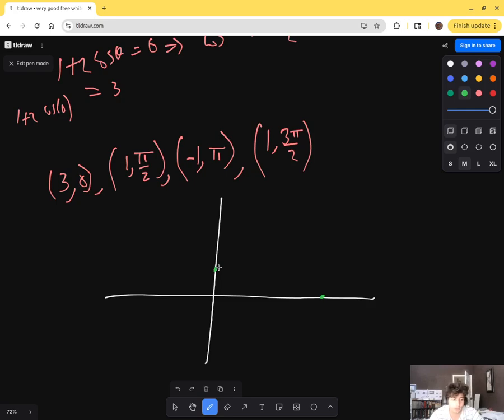And then negative 1 comma pi, we can take the magnitude 1, and then pi plus pi is 2 pi, so that's going to be this direction, 1, so right here. Or you could just flip this, which is what I just did here. There's negative 1 comma pi right here, but we flipped it. And then 1 comma 3 pi over 2 is here.